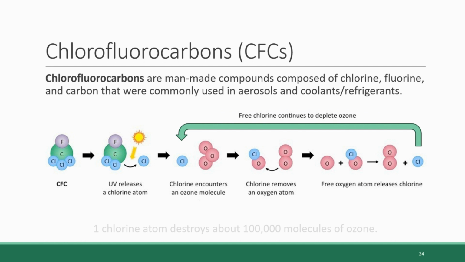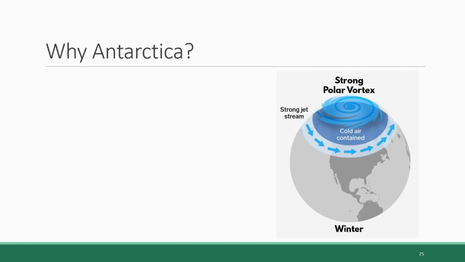One chlorine atom repeats this process and destroys about 100,000 molecules of ozone, which results in the phenomenon that we call ozone depletion. And again, without all of that ozone, more UVB radiation breaks through and reaches the surface of the Earth.